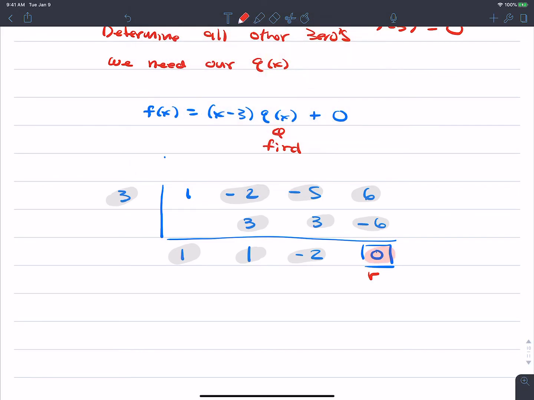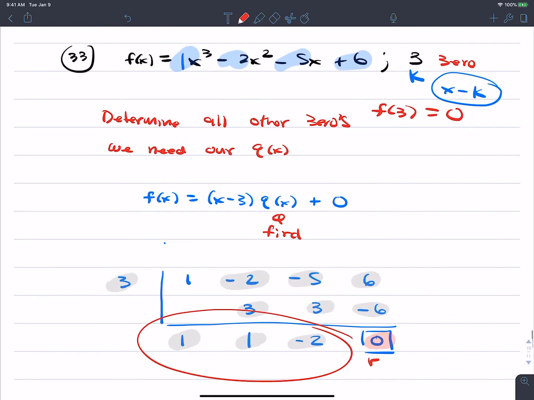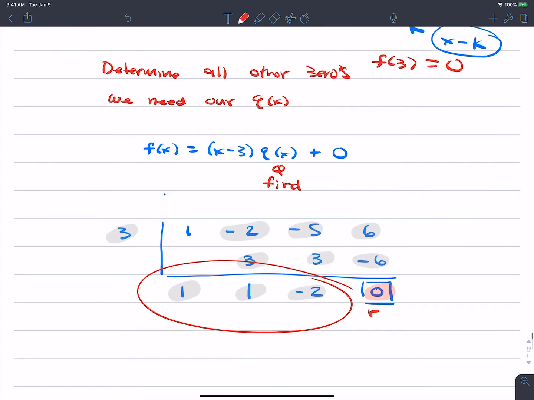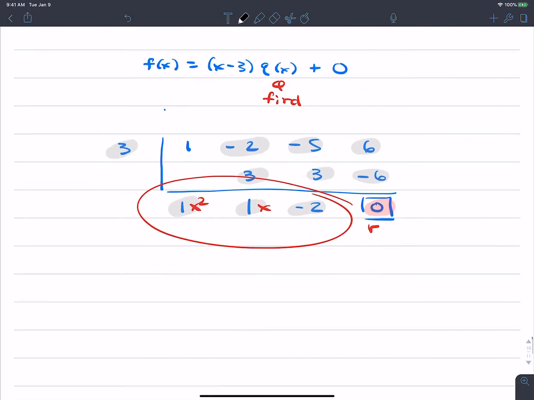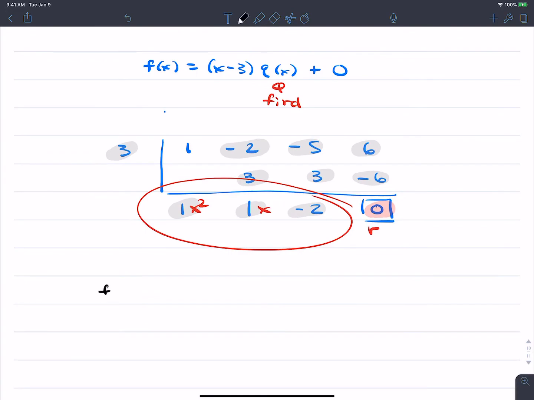Now, we're going to make use of the coefficients here. Here's how we use this. Go back. Remember here that your highest power there is 3. So for our quotient function, this will be x squared. This will be x. And so what this really means is, altogether, the original function can be described as x minus 3 times that quotient function.